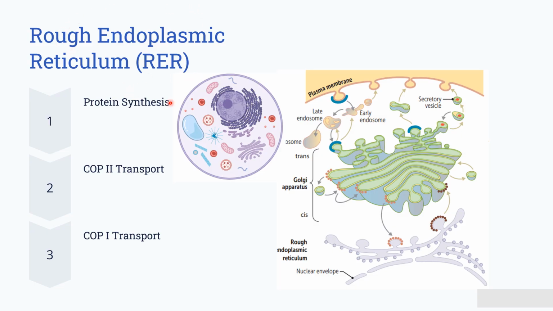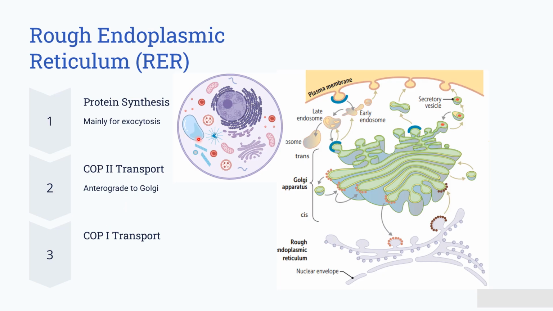In a rough endoplasmic reticulum, as I said previously, the one which has the ribosomes attached to it is the rough endoplasmic reticulum. What is the function of a ribosome? The function of ribosome is protein synthesis. Once the ribosomes produce the proteins, it causes exocytosis. There is COP1 and COP2.